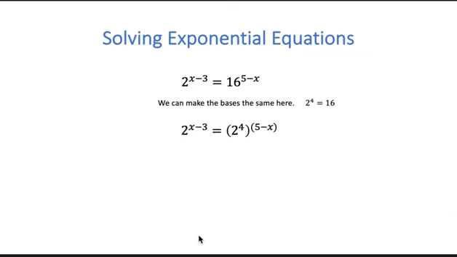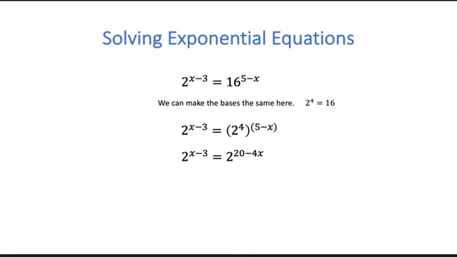I've written the left side the same, 2 to the x minus 3, and the right side is 2 to the 4th, which is being raised to the 5 minus x power. 16 is 2 to the 4th. Then when I multiply out that 4, so I'm distributing the 4 on the right side, I get 2 to the x minus 3 is equal to 2 to the 20 minus 4x.